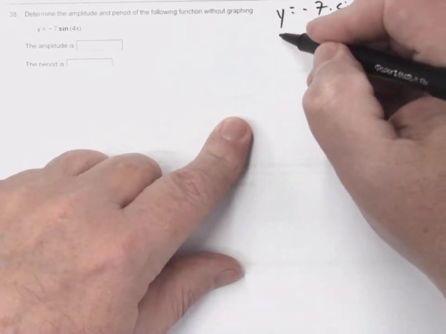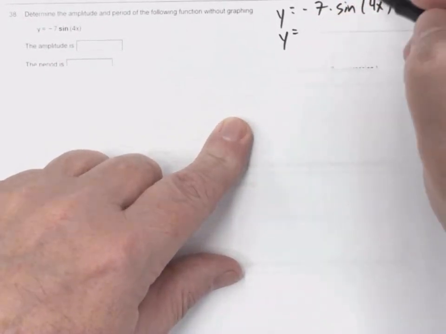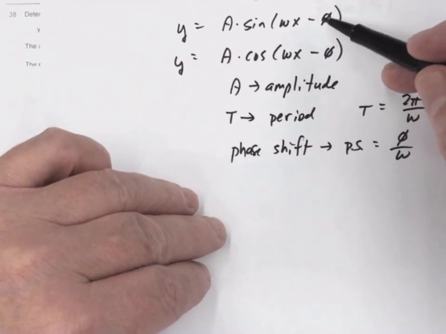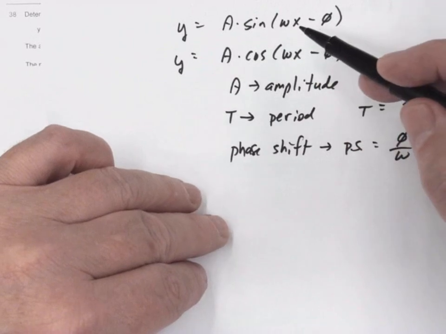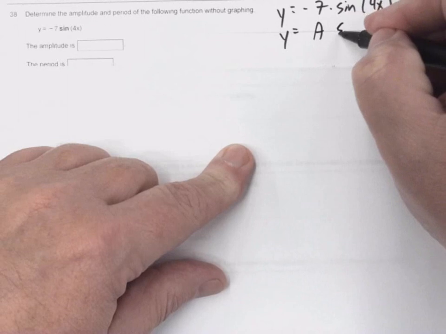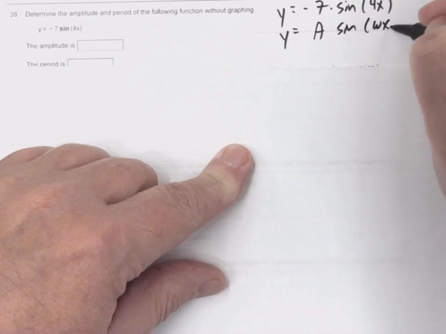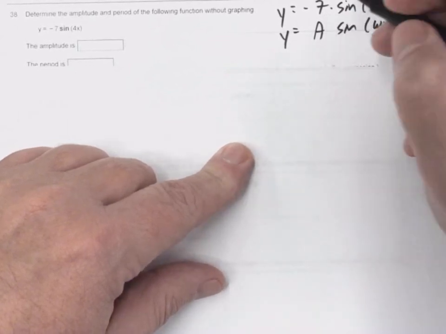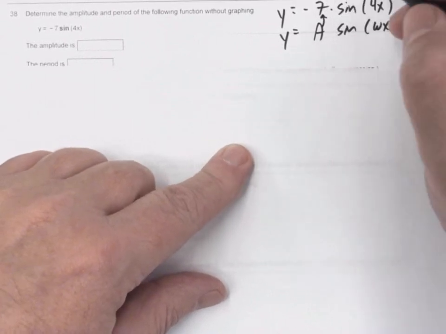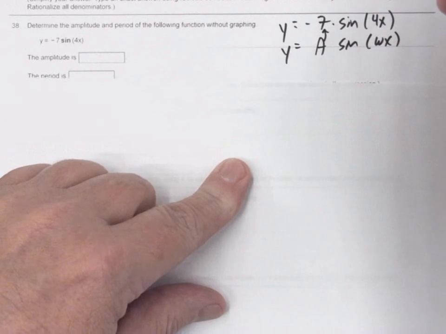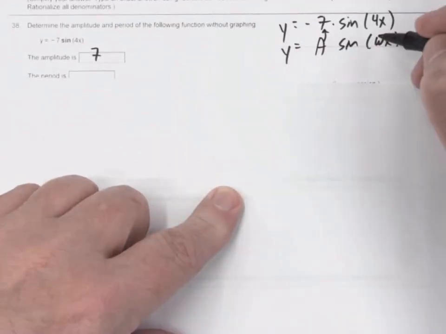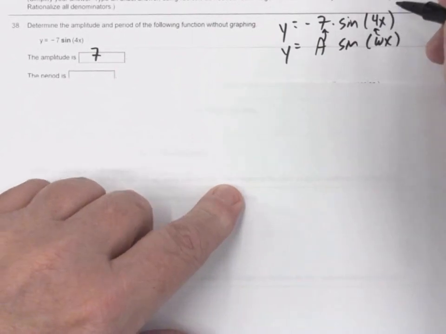Now I'm going to compare that to the standard equation. Now there's no phase shift. There's no phi here, so it's just going to be a sine of omega x. So when you compare those, you realize that the amplitude is -7. Of course, the amplitude is always a positive number. We don't have a negative amplitude. And then omega is 4.